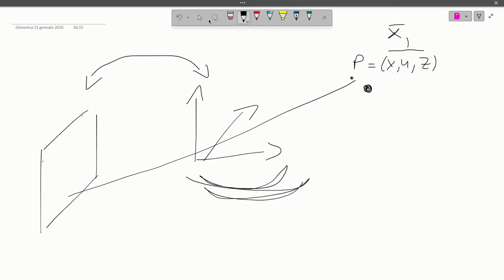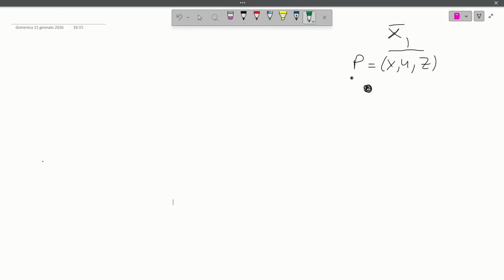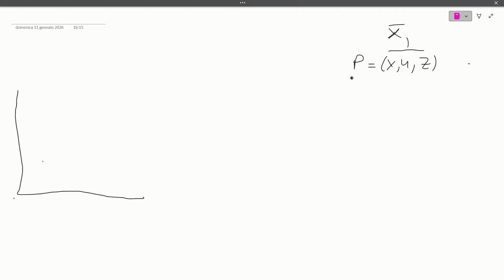So we will delete all of these settings here. Okay, I have deleted what I've drawn.